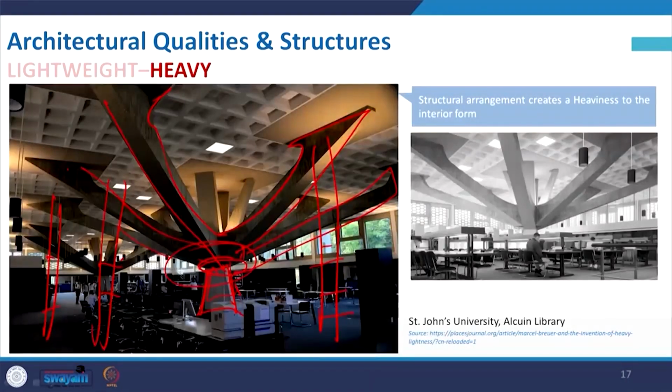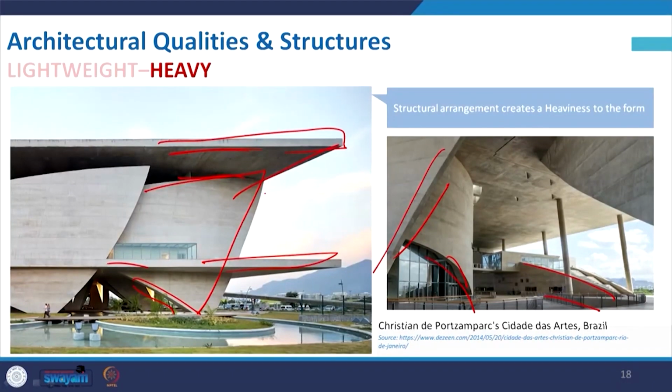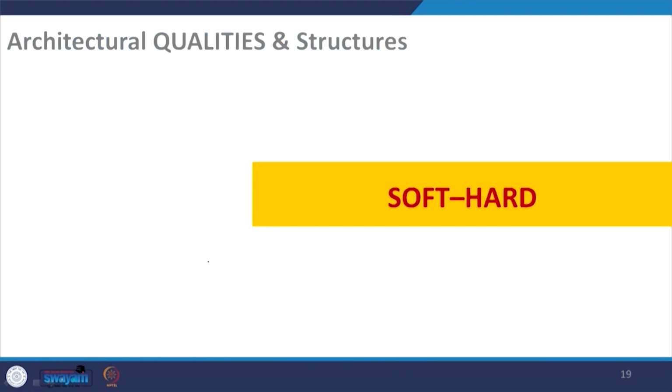So, in these two examples, one is from the library, where the supporting piers having different branches holding the roof create a sense of heaviness, and in this one the elements themselves are creating the architectural quality under the category of heaviness.